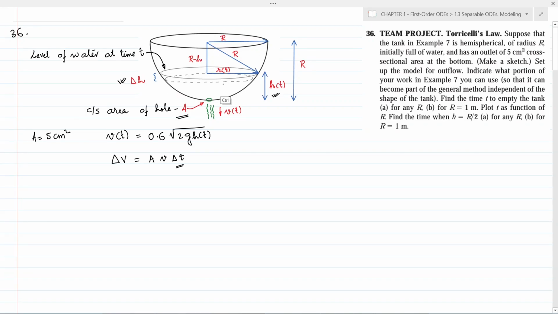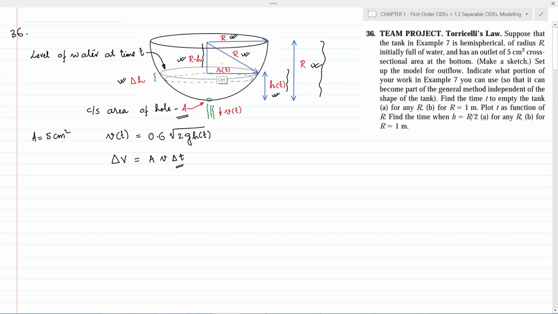Now in this hemisphere, this length equal to r, which is the radius of the hemisphere. So that means this length is also r and this height is also r, and this height equal to r minus h of t, because this whole height is r and this height is h of t. So this height is r minus h.